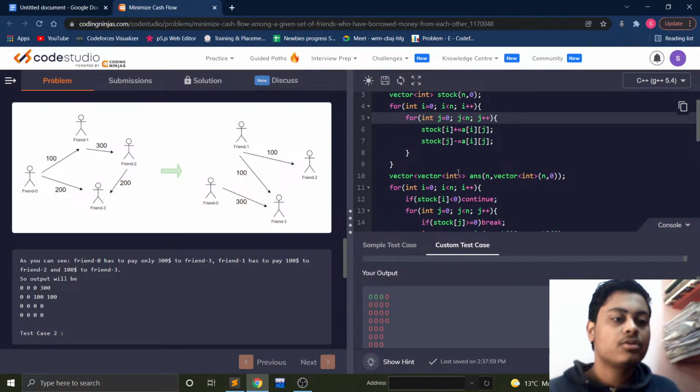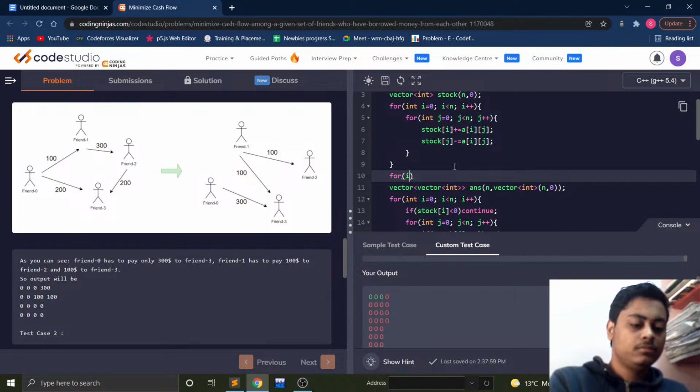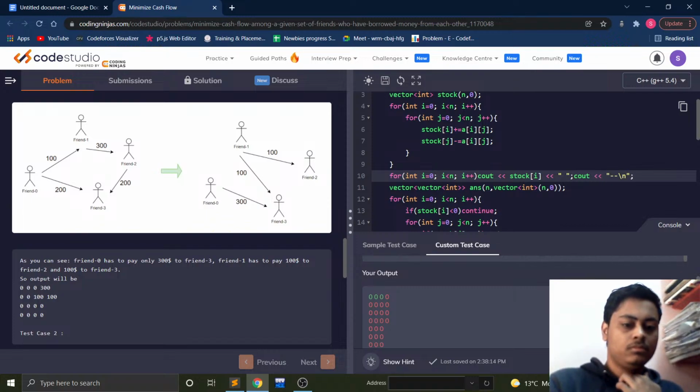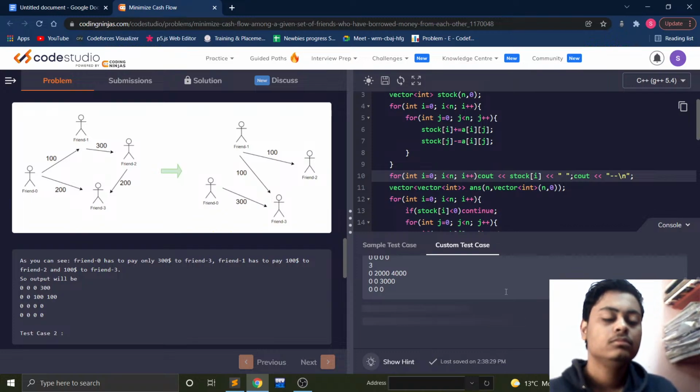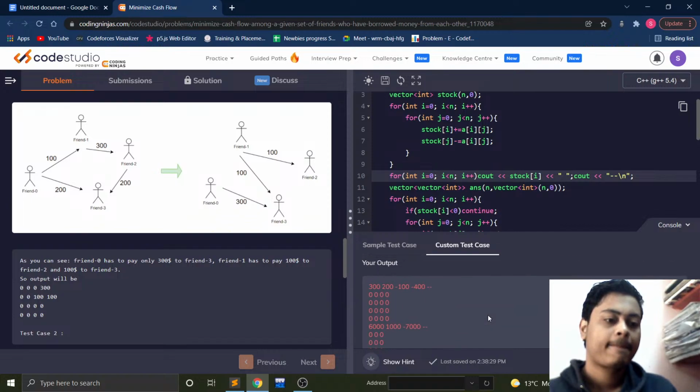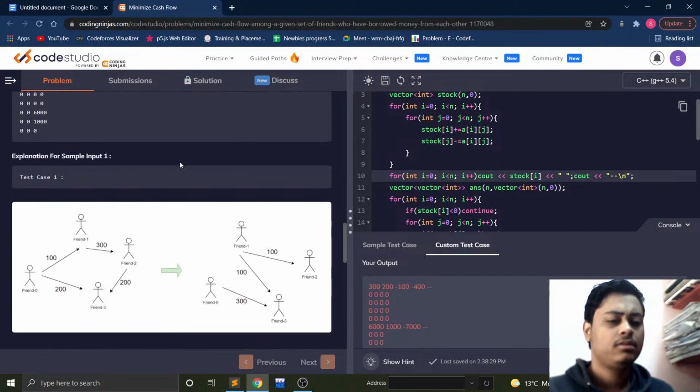Let me print the stocks. Okay, the stocks is 300 for this test.